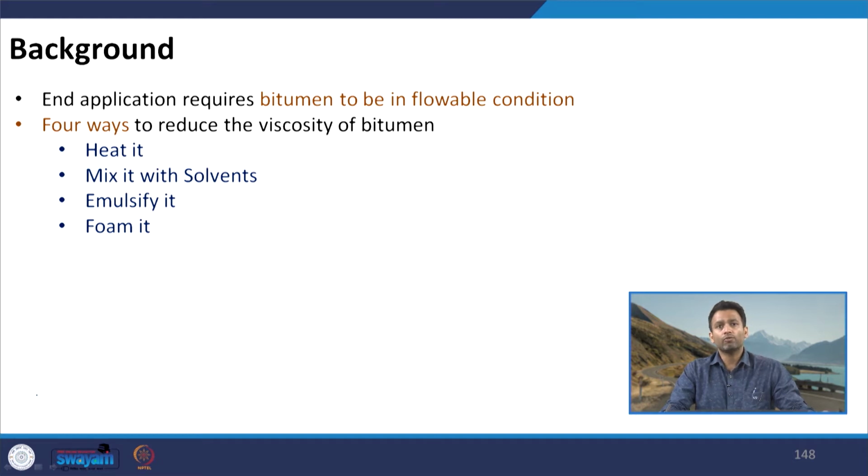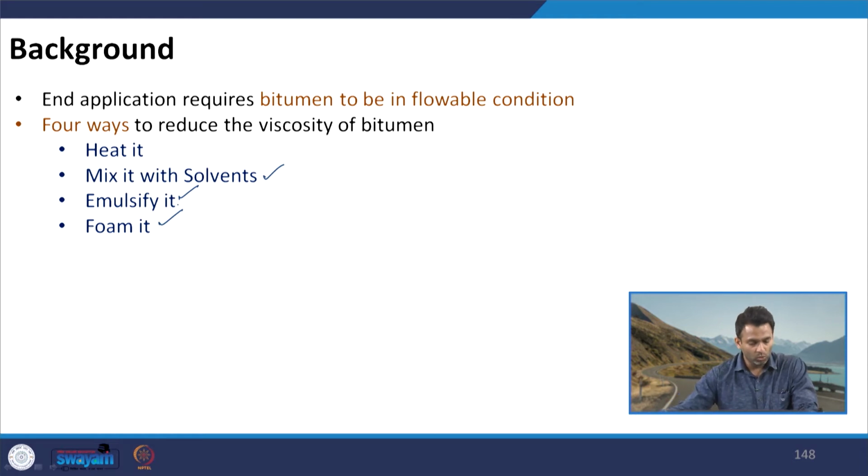Other ways of reducing the viscosity of bitumen include mixing some form of solvents in the bitumen so that the viscosity can be reduced instantly, or emulsifying it. We will be discussing emulsification today, and we can also use foaming techniques to reduce the viscosity of bitumen.